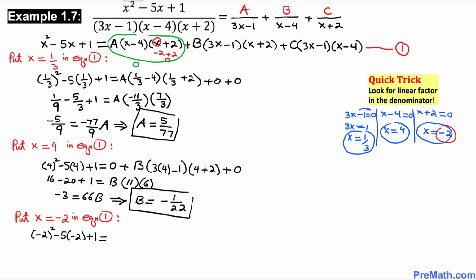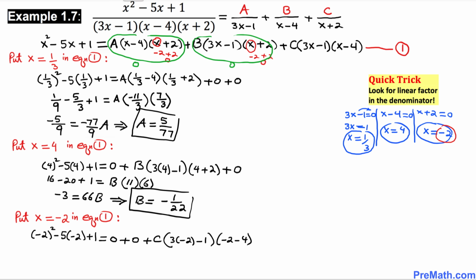So this term I'm going to put down 0 plus, the next one is once again this one, x being replaced by negative 2 plus 2 is going to give us 0. 0 times this whole thing is going to become 0 as well. So I'm going to write down 0 again, plus then c times over here 3 times negative 2 minus 1 times negative 2 minus 4.